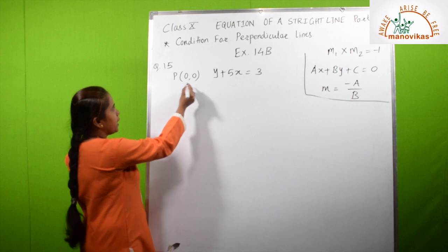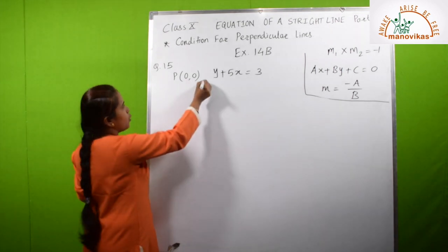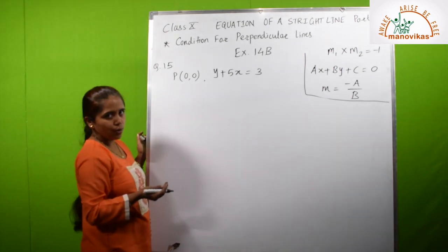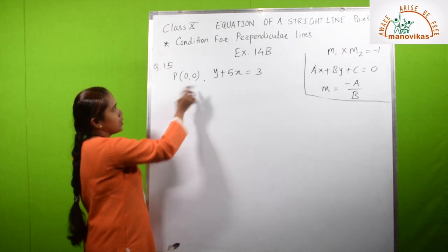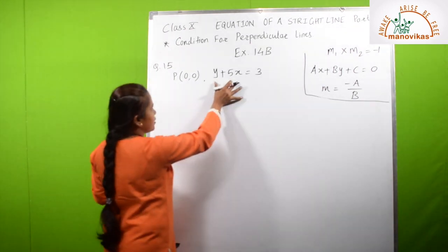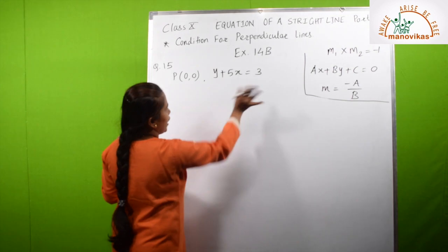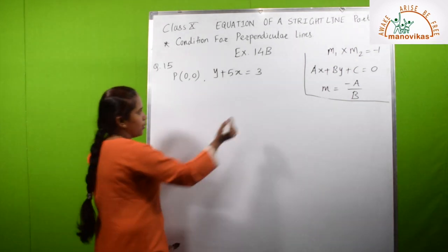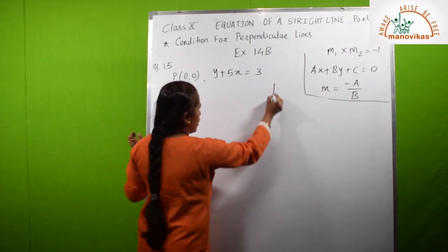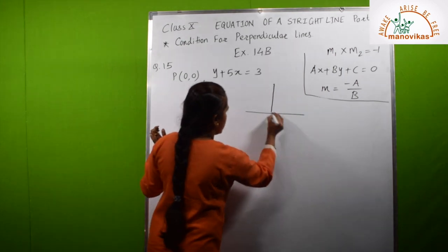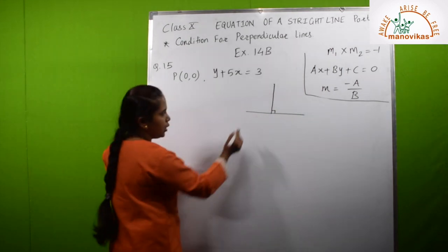Suppose the point P is origin. Origin coordinates we can mention as 0, 0 always. So P is the point 0, 0, and the line equation is given, y plus 5x is equal to 3. For example, here is the origin. This line passing through the origin is perpendicular to the given line.